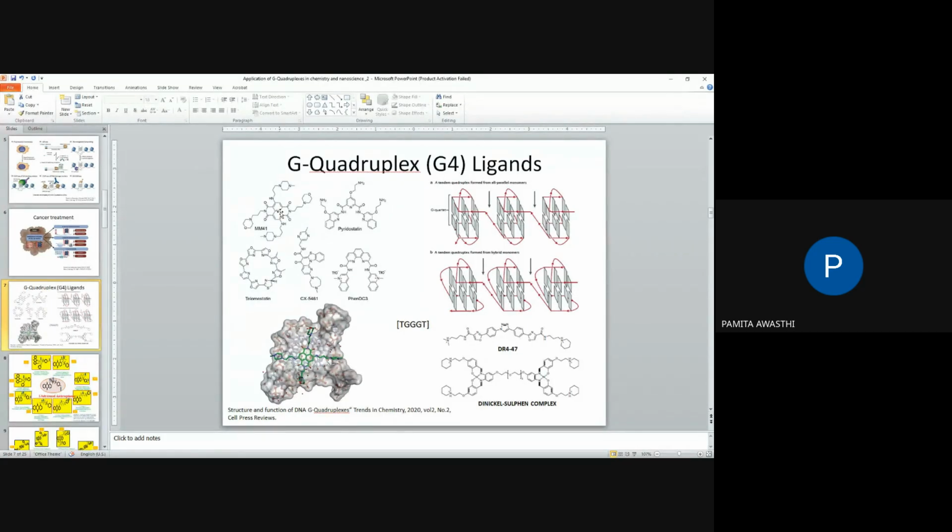These small molecules, or G4 binders, have an aromatic surface for pi-pi stacking interaction with the G tetrad, and these side arms, which can be positively or negatively charged or have some kind of basic group, fall towards the loops or grooves where they show some kind of interaction and ultimately lead to stabilization.